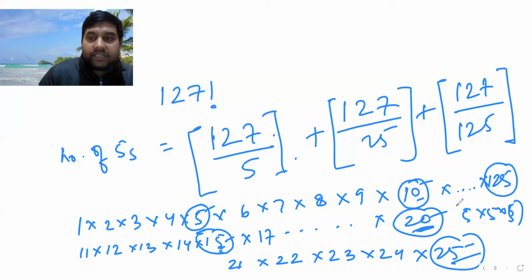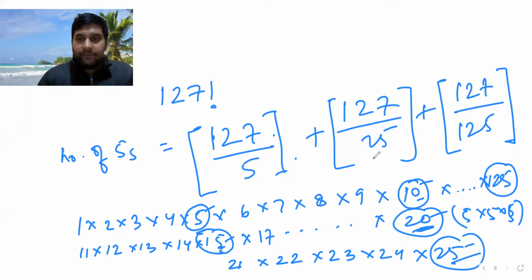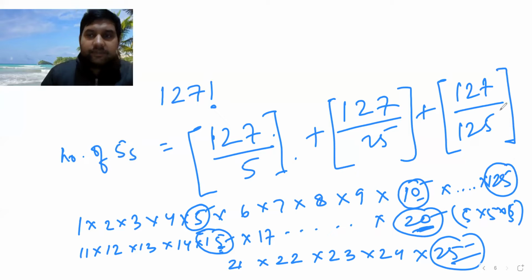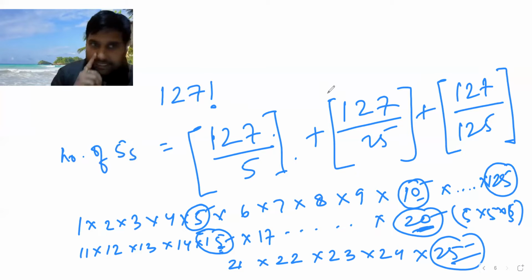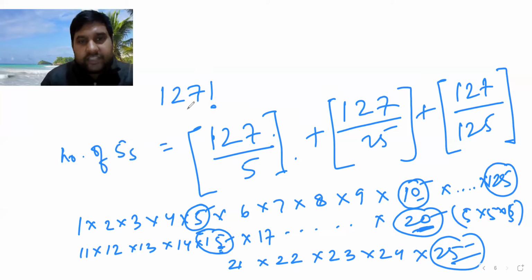So at this moment, you are not getting one additional 5, but you're getting 2 additional 5's. Therefore, this equation will give you all the numbers of 5. Beyond this, we don't need to go because we are only calculating up to 127 factorial. So whatever is the highest power of 5 just less than 127, that should do.